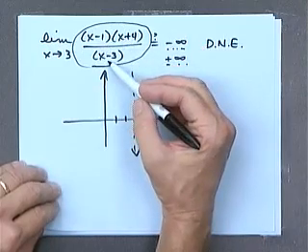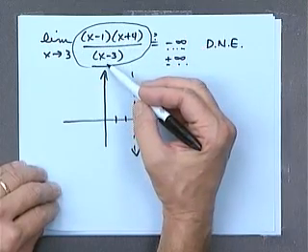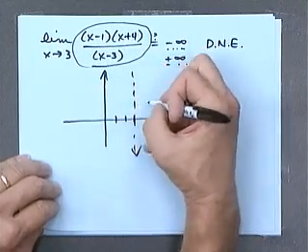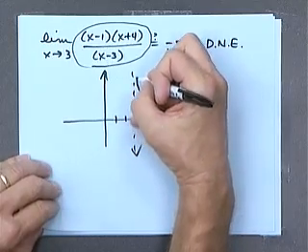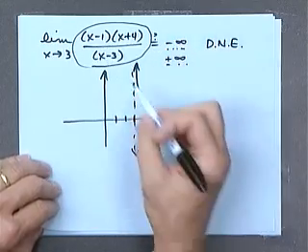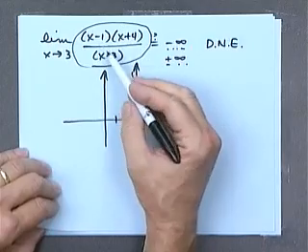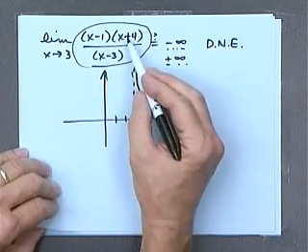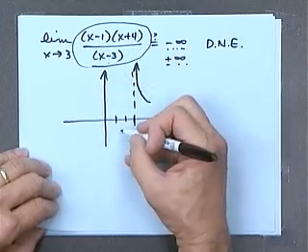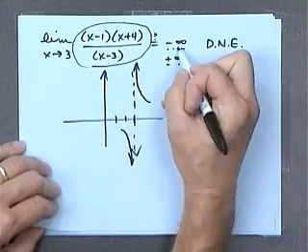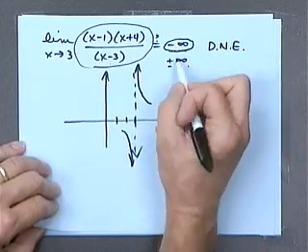Positive, positive, positive. Is that right? If you put in a value larger than 3, it comes in from this side toward positive infinity. If you put in a number smaller than 3, that's positive, and that's negative, so it does this. So is either one of these answers correct?